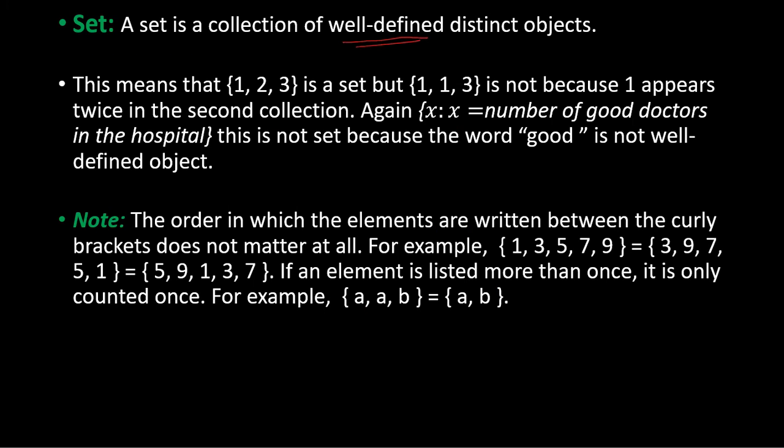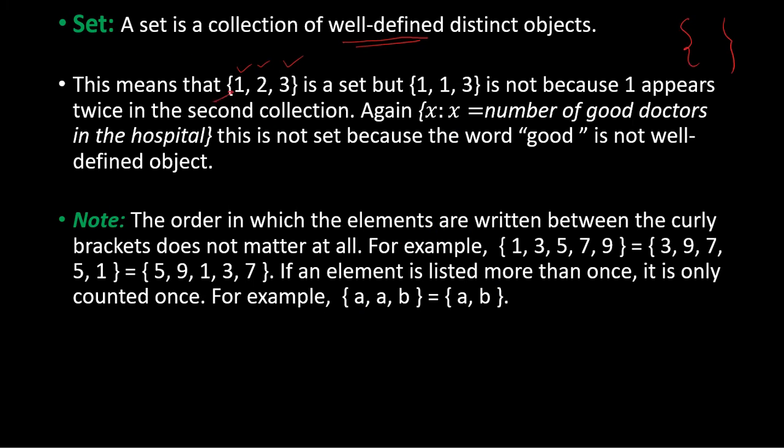Well-defined means this should be defined properly. For example, if we take 1, 2, 3 in a set, whatever objects we write in a set, we write under curly braces.